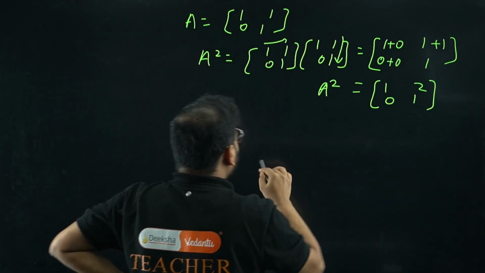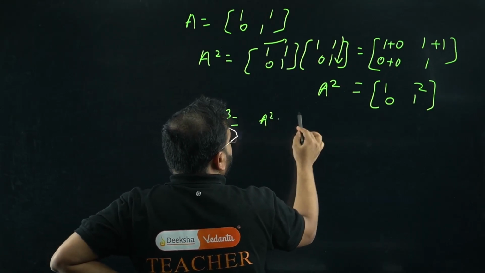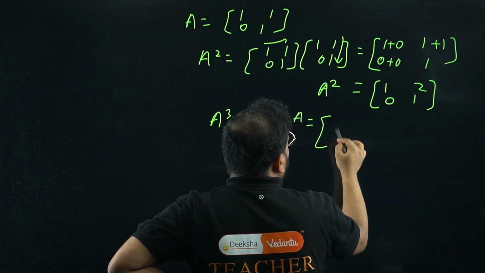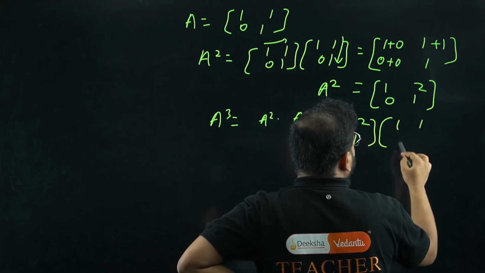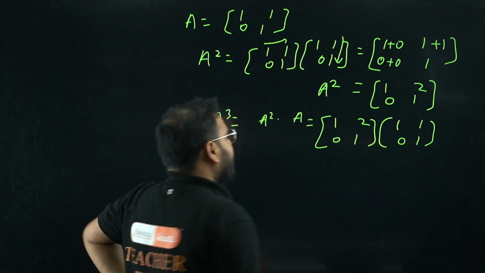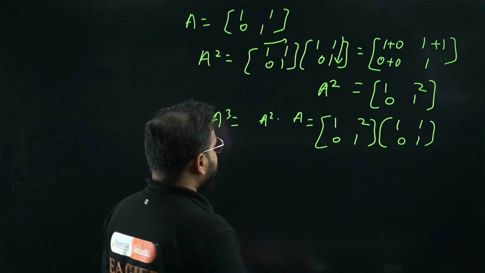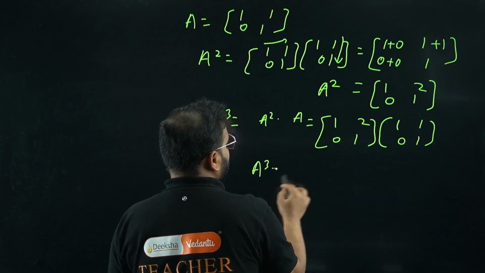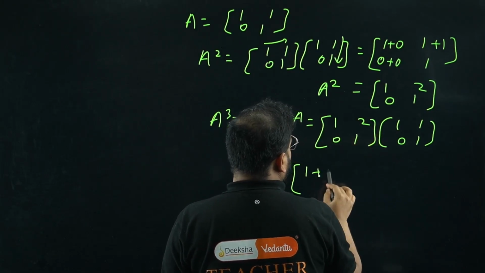Let's find A cube now. A cube will be A square into A. That is [[1,2],[0,1]] times [[1,1],[0,1]]. Let's multiply this. So I'm getting A cube as, have a look, 1 into 1 is 1, 2 into 0 is 0.